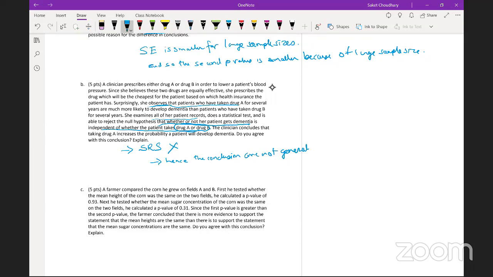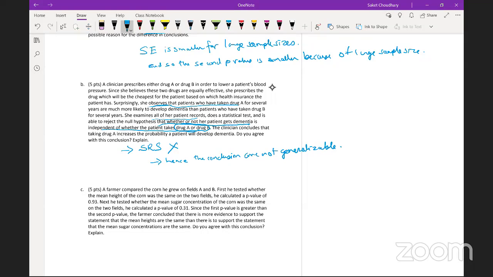What do I mean by that? First of all, this is an observational study, so there's nothing really under control. It's more of an observation. And the observation is that there is dependence between the person developing dementia and drug A or drug B. So there are some confounding variables hidden there, which have not been talked about. For example, people who are taking drug A may be doing so because it's the cheapest option for them. So there is some sort of economic background confounding happening there, right?